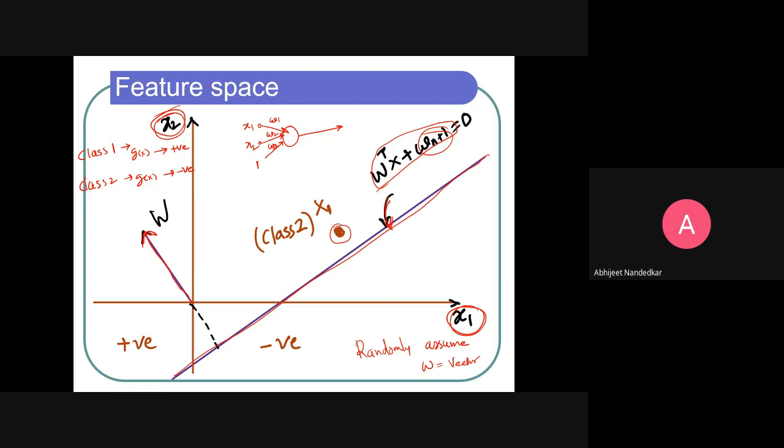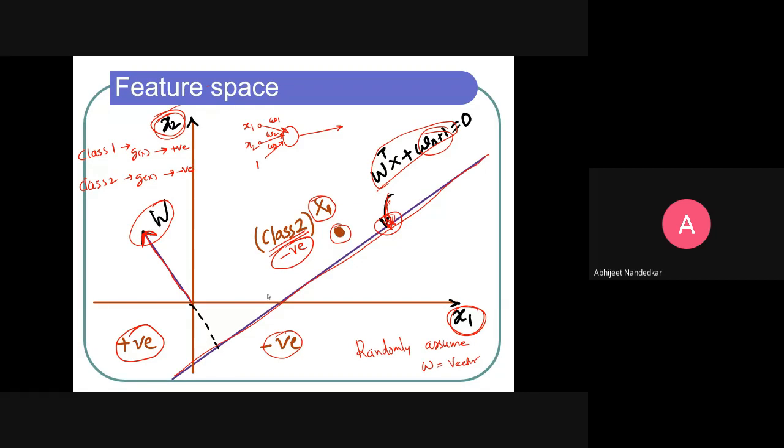The w vector indicates this side of the line as positive, and obviously the bottom side becomes negative. Now you are presented x1, which belongs to class 2, for which you want a negative response, but your line is lying over here, so you will get a positive response. Your line position is not correct, so you need some adjustment of this line so that you start getting correct answers.